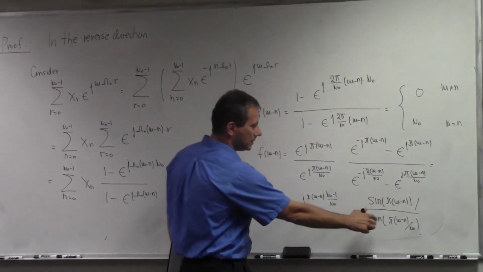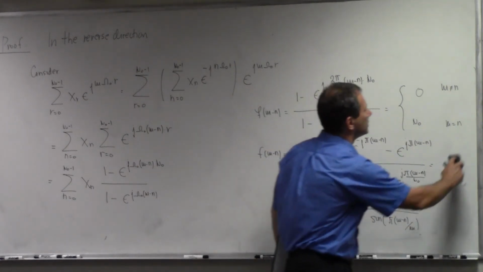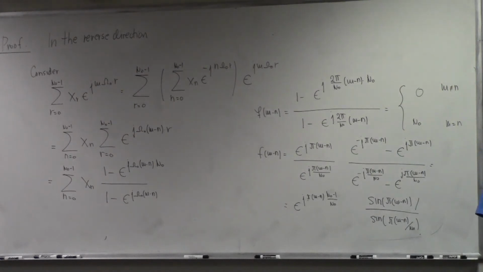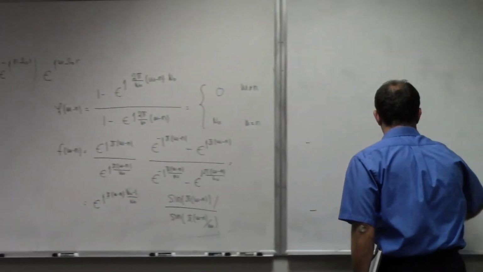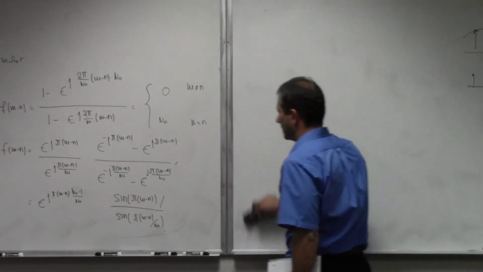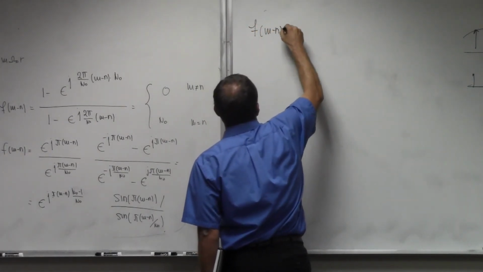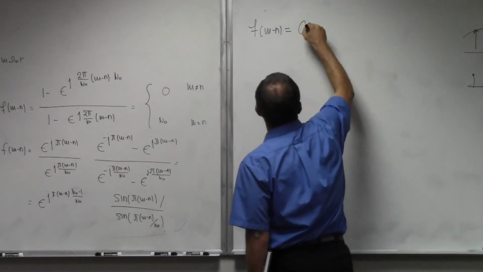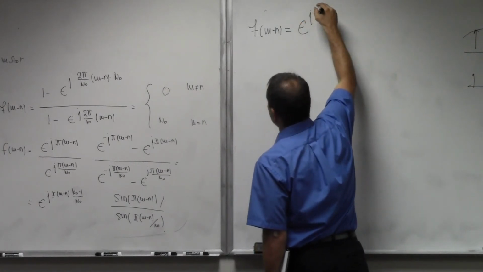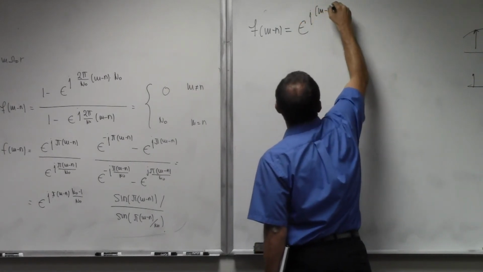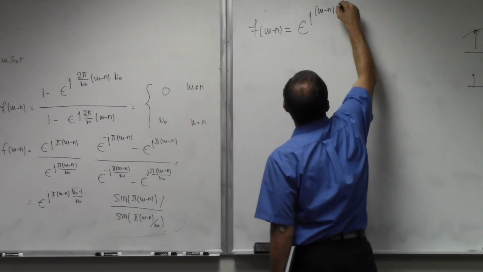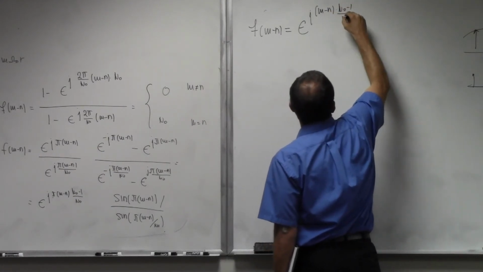So when you take this limit, this f of m minus n is going to be equal to e to the j times m minus n times n0 minus 1 over n0.